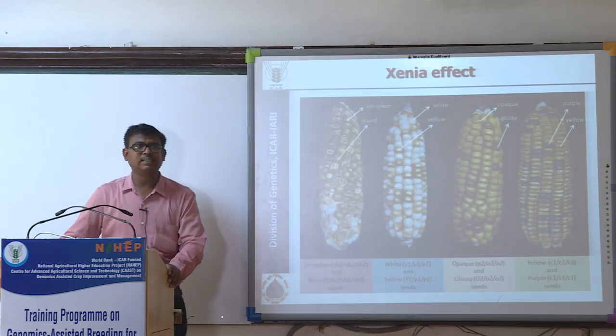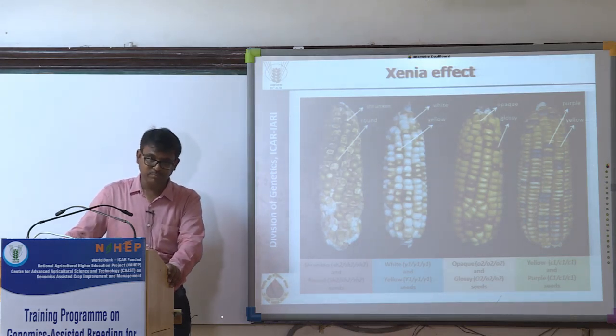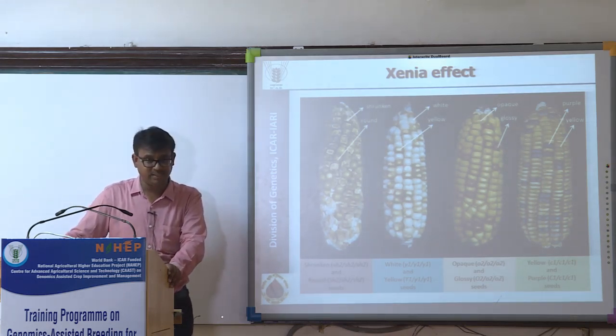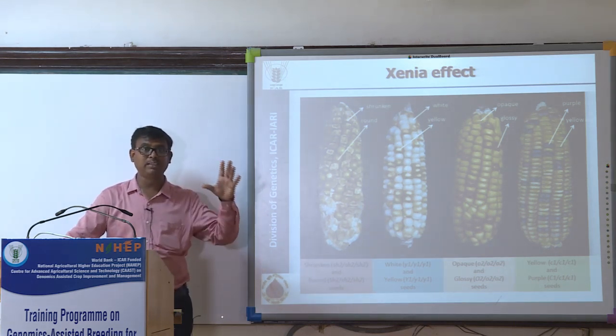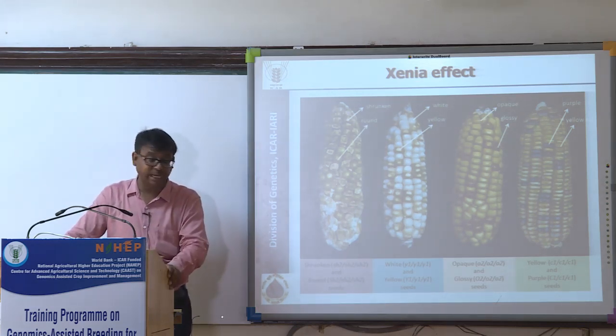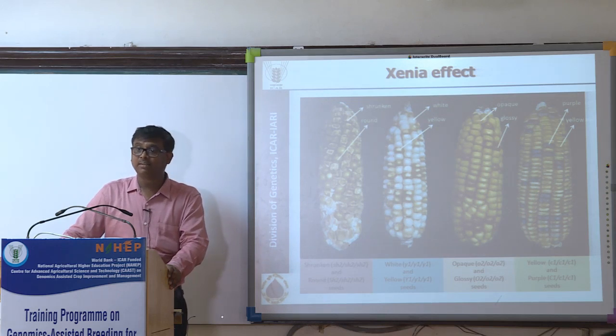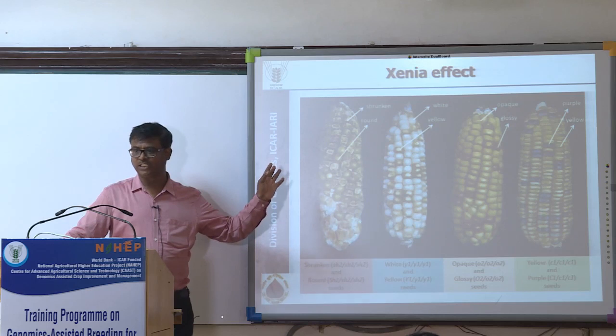Yellow one is nothing but the phytoene synthase gene, which has been used for the development of golden rice. To develop golden rice, that PSY gene, that is the Y1 gene, has been taken from yellow maize, and one or two other genes have been taken. When capital Y1 is there, that is, phytoene synthase is functional, you will get a yellow or orange color.